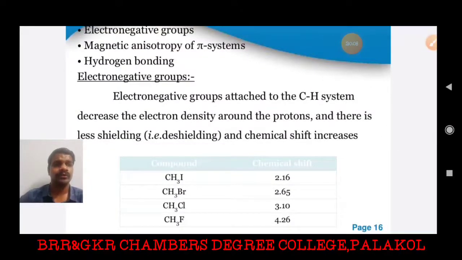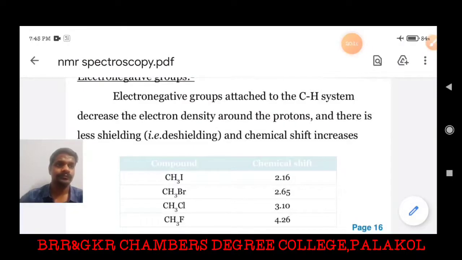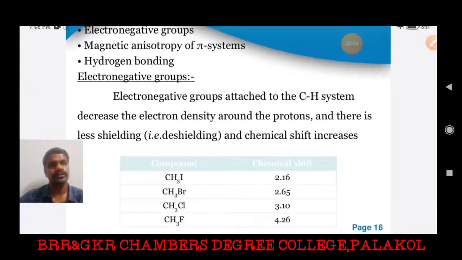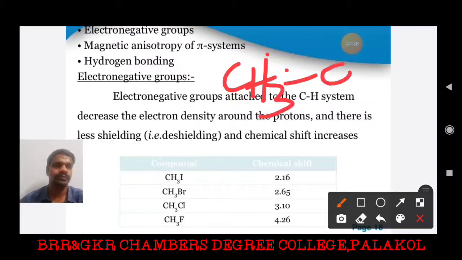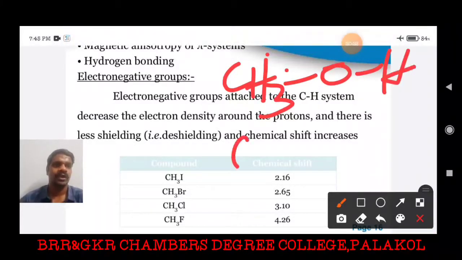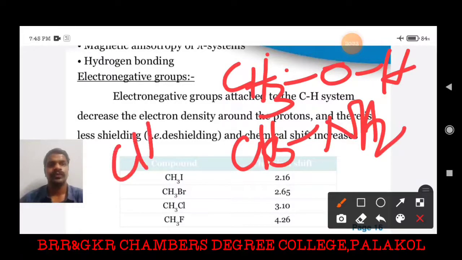And for example, if we take another molecule like CH3 attached to oxygen, that means CH3OH, and CH3NH2 and CH3F. Which hydrogen atom, that means which methyl hydrogen, exhibits the highest chemical shift value?